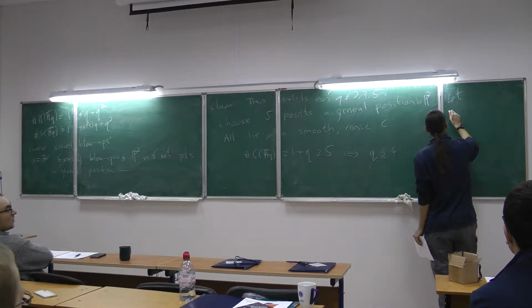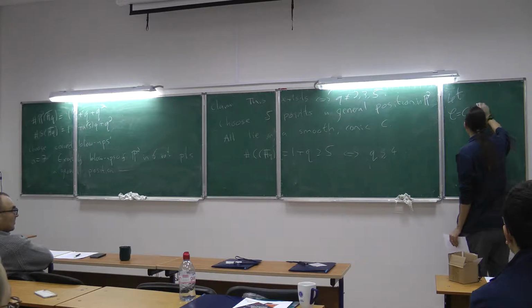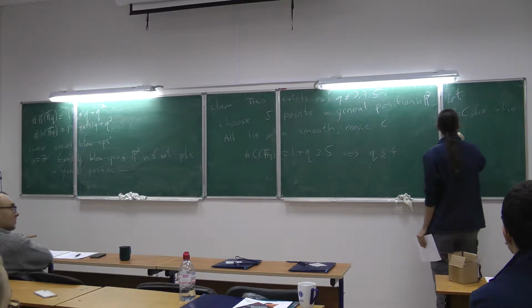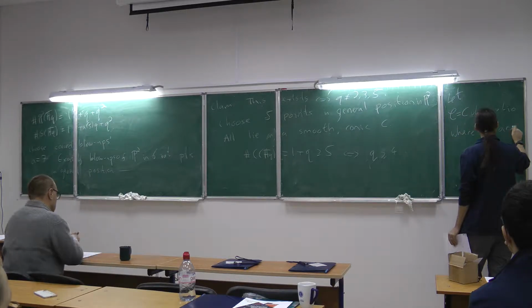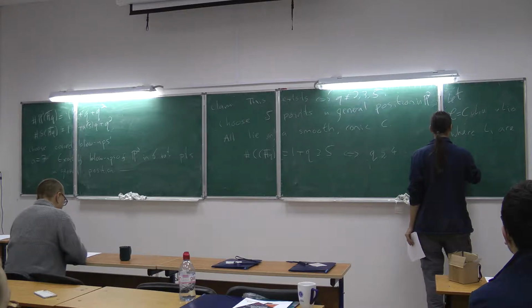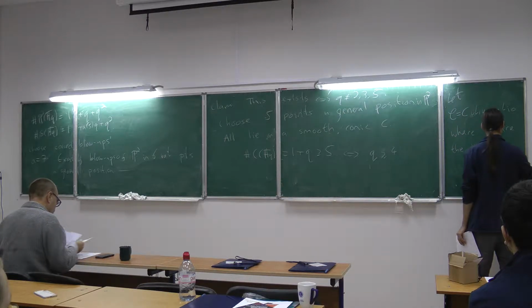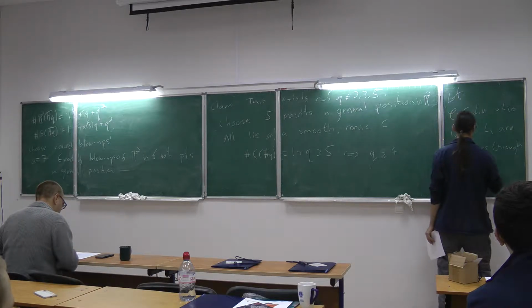Now I'm going to consider the union of my conic C with the collection of 10 lines, where these L_i are the lines through pairs of 2 points.